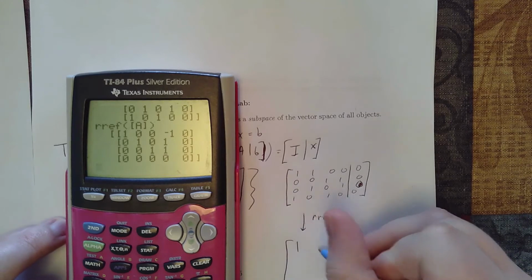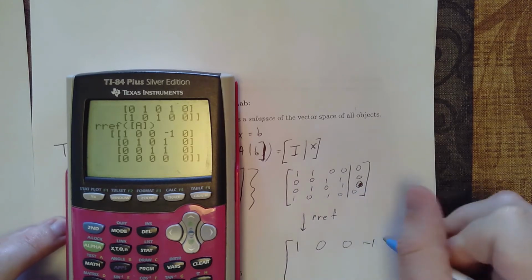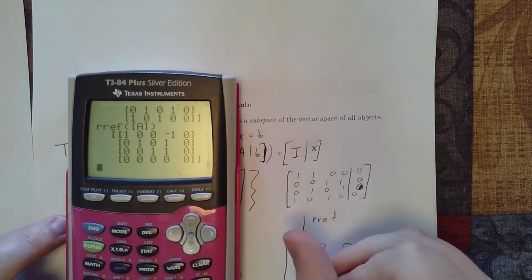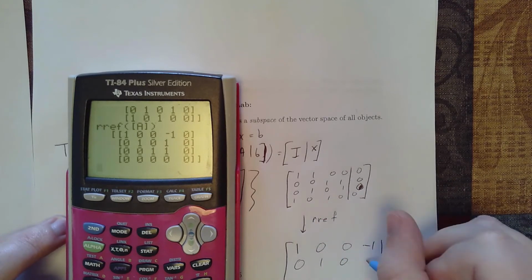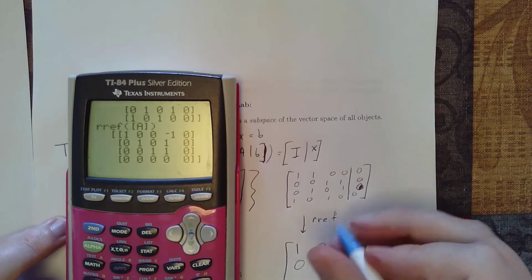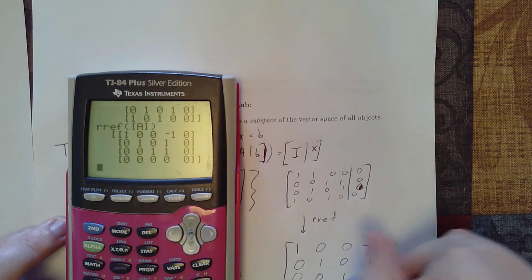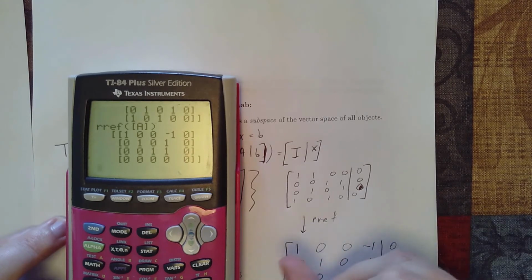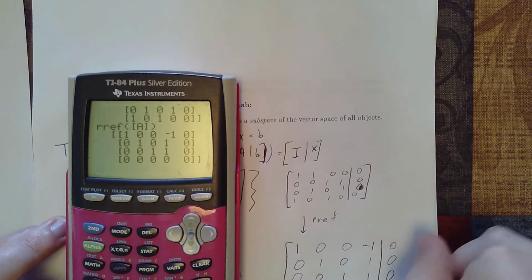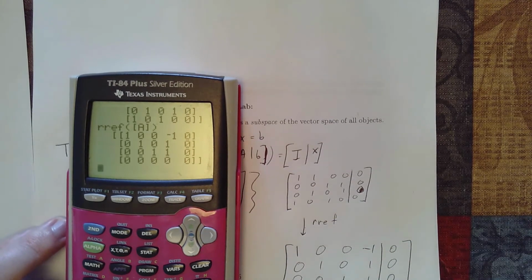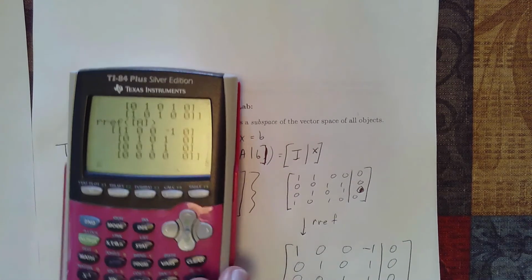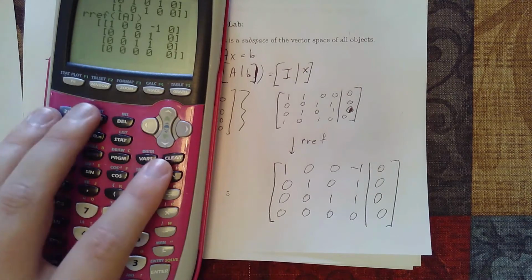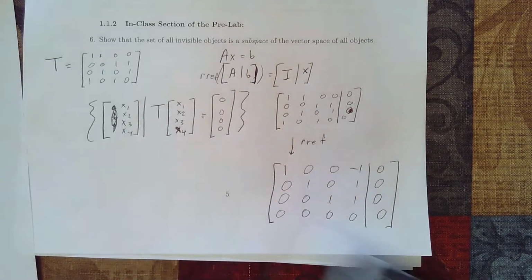We end up with 1 0 0 negative 1 0, 0 1 0 1 0, 0 0 1 1 0, and a row of all zeros. Okay, I'm not on the screen anymore. So this is our reduced row echelon form of the matrix.